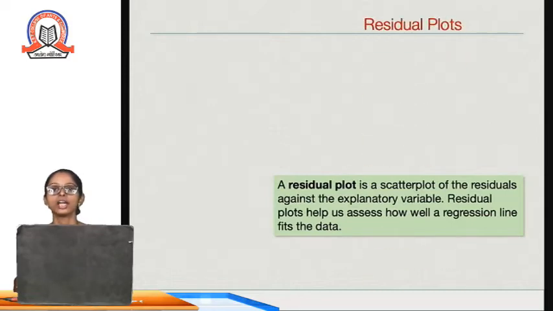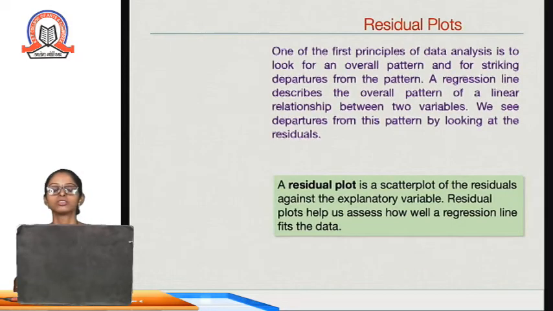One of the first principles of data analysis is to look for an overall pattern and for striking departures from the pattern. A regression line describes the overall pattern of a linear relationship between the two variables. We see departures from this pattern by looking at the residual plot.